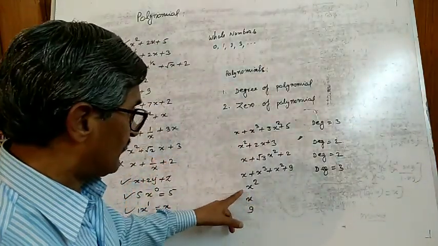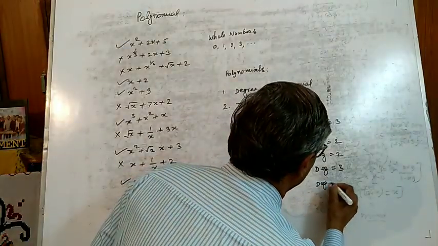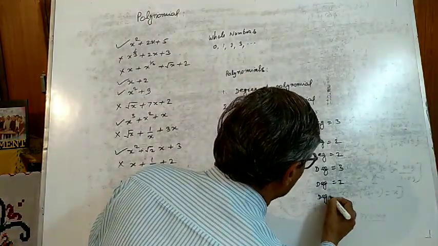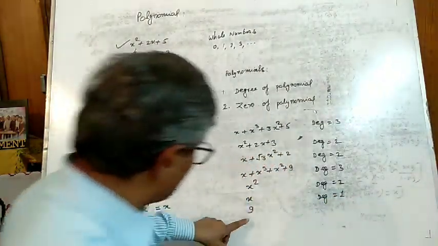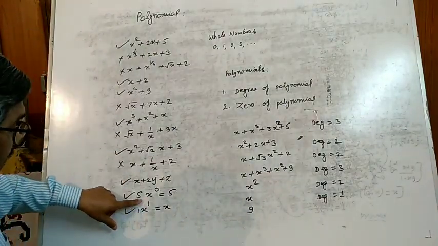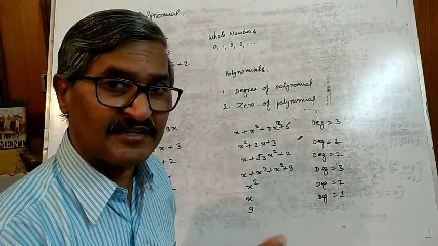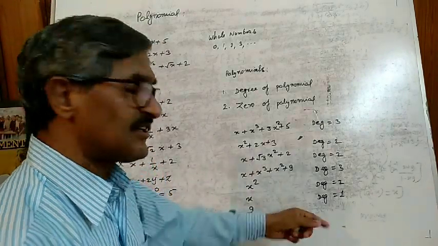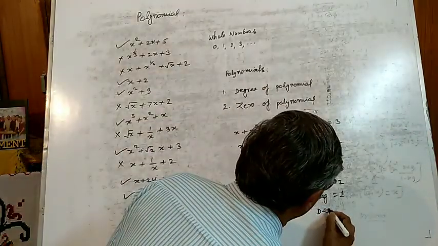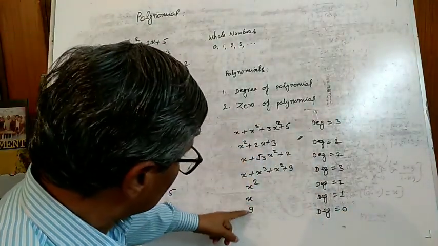Only one term is there. So highest exponent is 2. That is degree will be 2. And here highest exponent is 1. So degree is 1. Here I have told that 5 means 5x power 0. Same way 9 means 9x power 0. You can consider in your mind, or you can write also. So here degree will be 0. So this way we have decided degree of these polynomials.